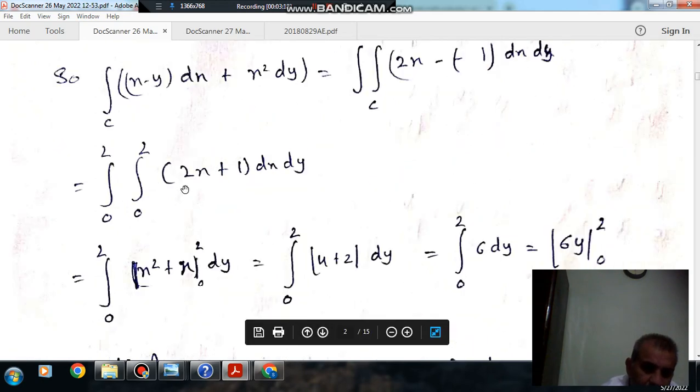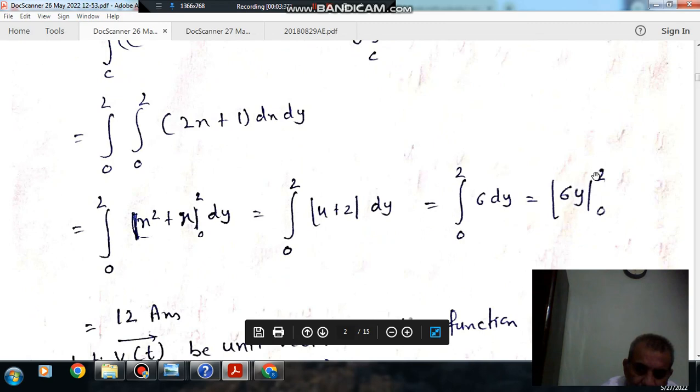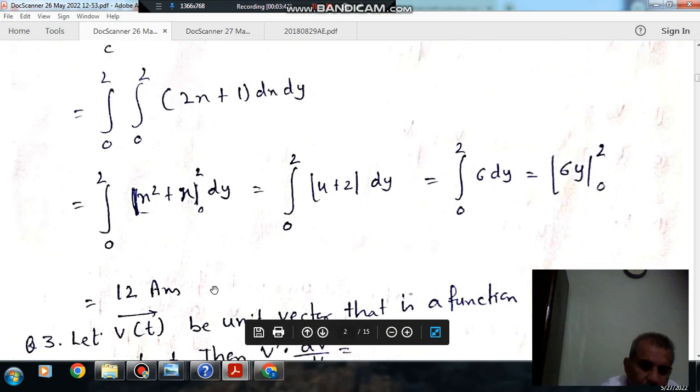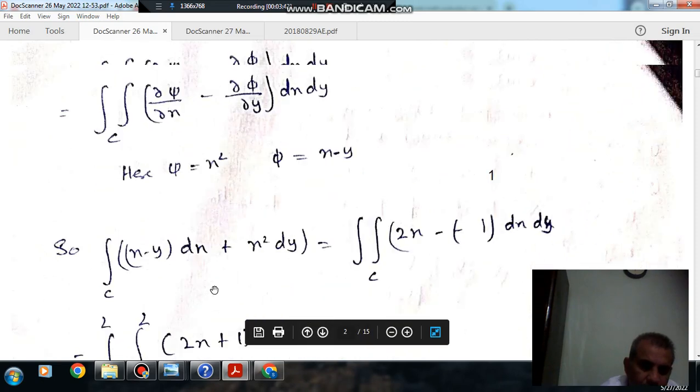Integrating, it will be 2x square by 2, or x square, plus x, with limits of x from 0 to 2. Putting the limits, that is 4 plus 2, 6 dy, and integrating, it will be 6y with limits 0 to 2, or 12. So the answer is 12.